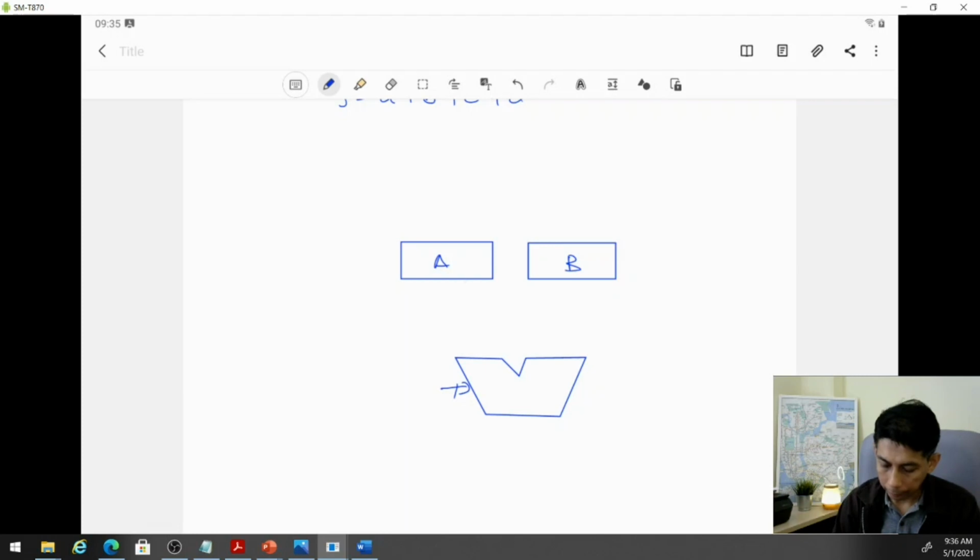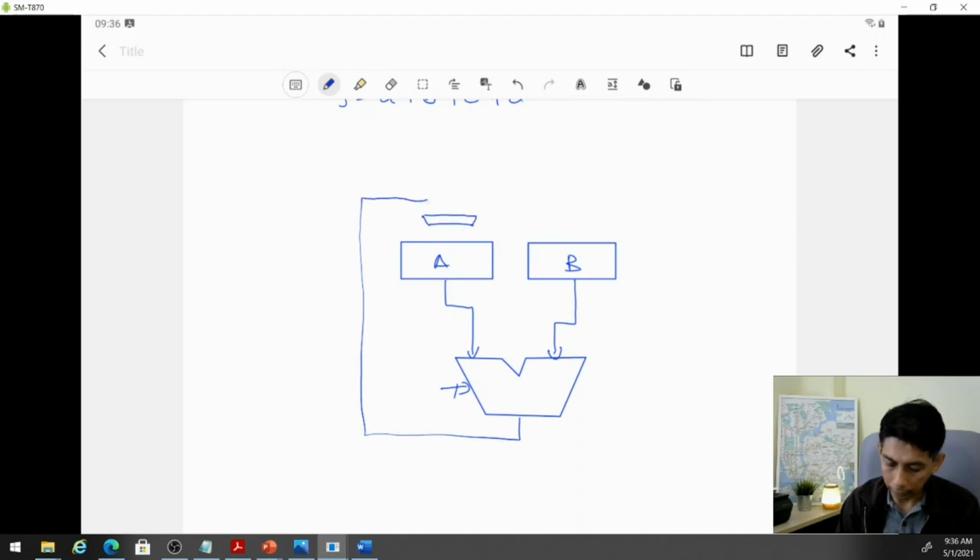And the connection is just like this. Maybe we have the multiplexer here, and this is for input to the register from the input, and this data also can go to B for the output.